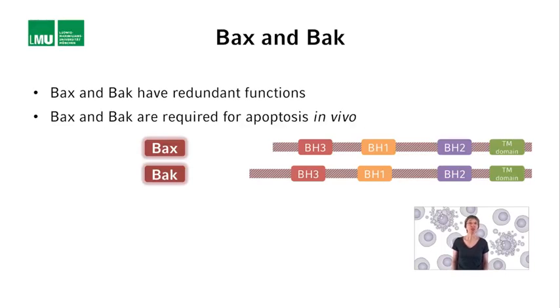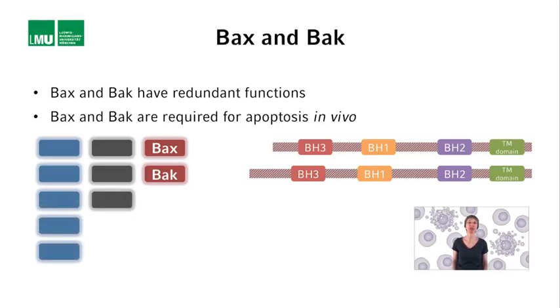Not only the functions of Bax and Bak turned out to be redundant, but also the functions of some of the sensors and some of the guardians. This has made it challenging to dissect the function of these proteins genetically in vivo. Organisms simpler than mammals often show less redundancy.